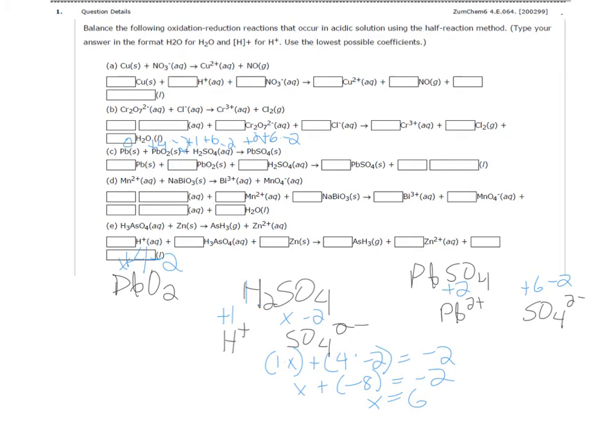But something really interesting happens with lead. In the case of Pb becoming PbSO4, it went from an oxidation state of 0 up to +2. And in the case of PbO2, it went from +4 down to +2.